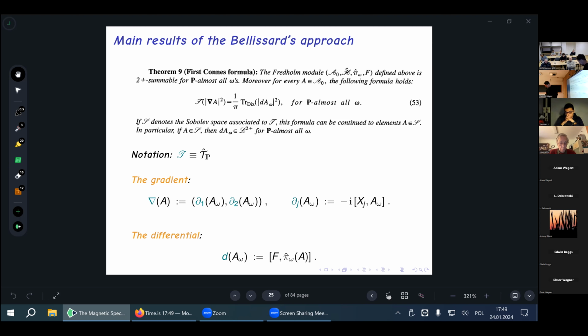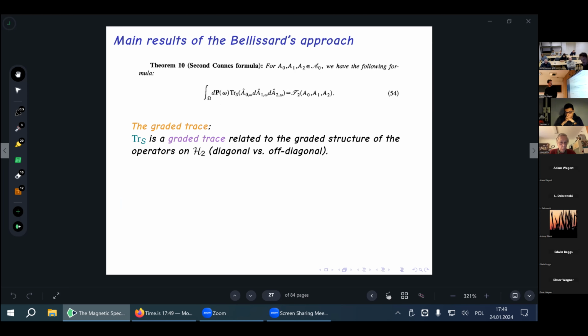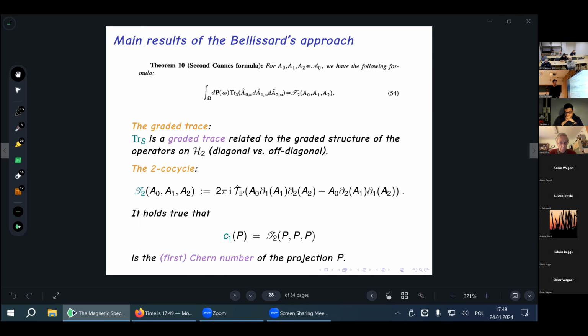There is finally a third formula. Again, I prefer to have all the information on the same slide. There is a third formula which relates, at the level of my algebra, this three linear form, which is indeed a cocycle. Again, I have the trace per unit volume.